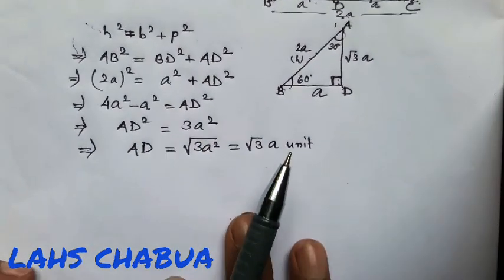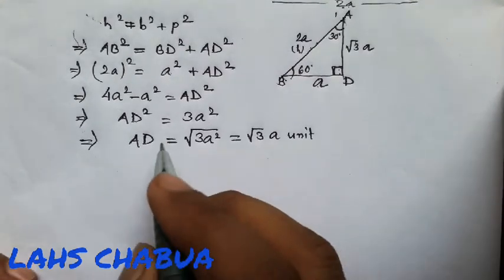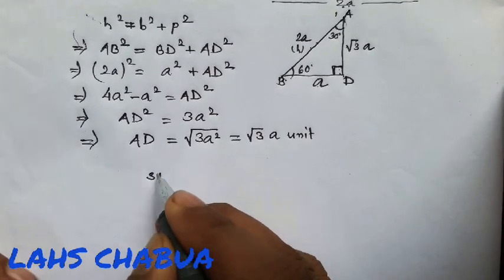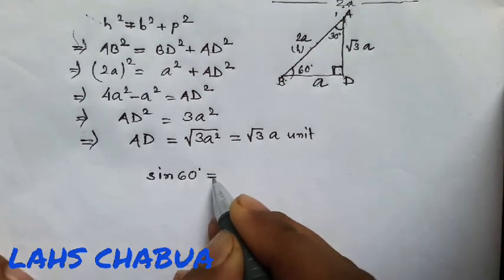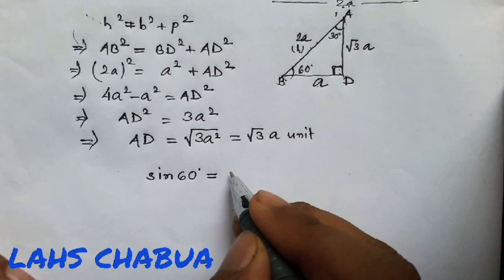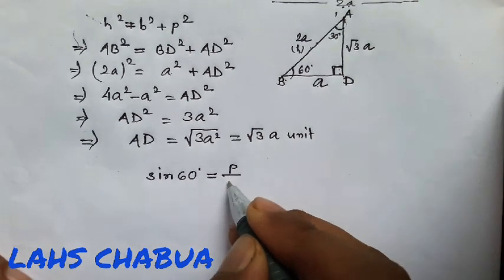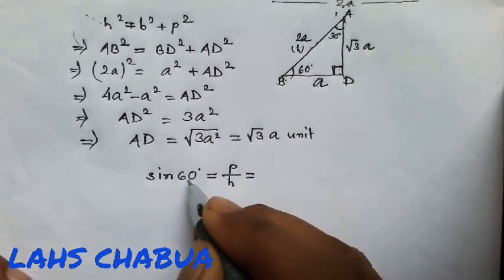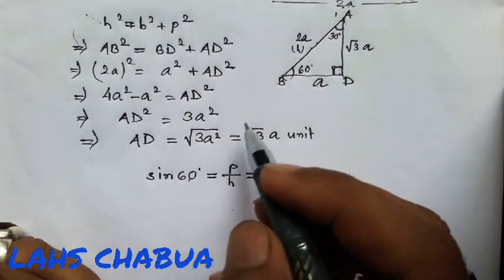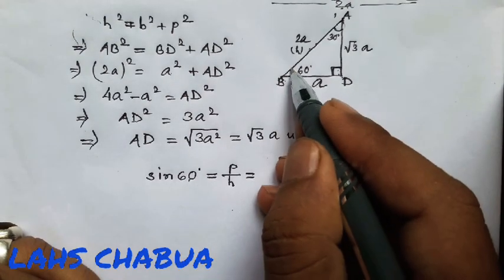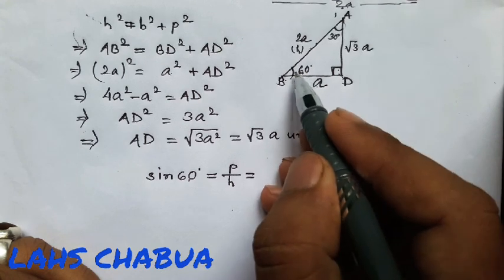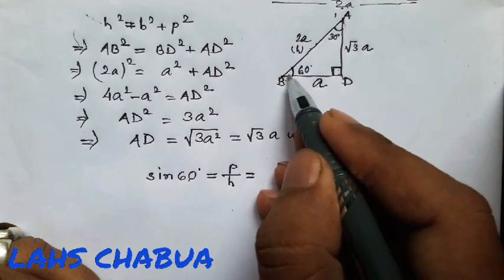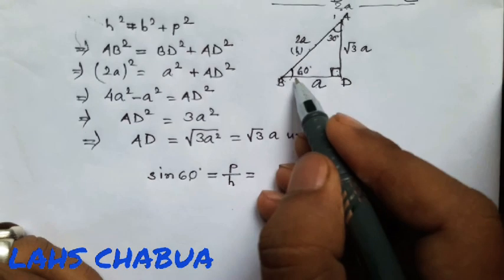So see here, the first ratio is sine 60 degree. Sine, as you know, is P by H, perpendicular upon hypotenuse. Now see, where is 60 degree? This 60 degree acute angle is here. The hypotenuse never changes.